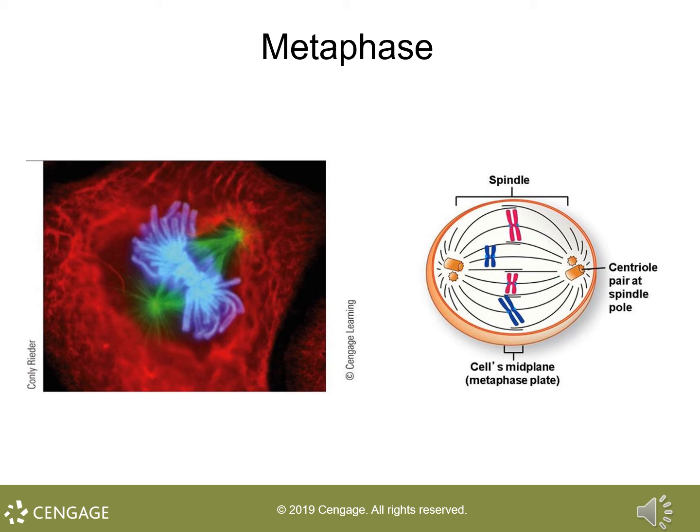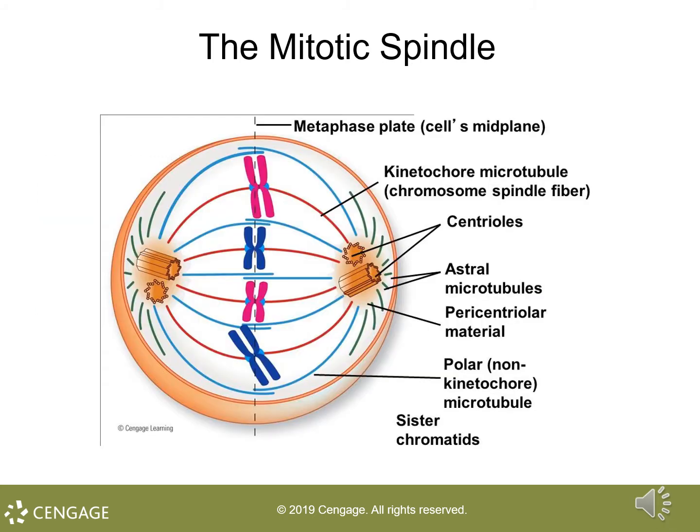And so again, in metaphase, the big things are that the chromosomes line up along the cell's midplane, and the spindle microtubules attach each chromosome to both poles. We can take a closer look at the mitotic spindle here. On one end, each microtubule of this animal cell is associated with one of the poles.